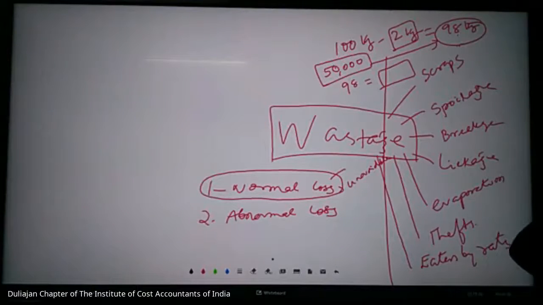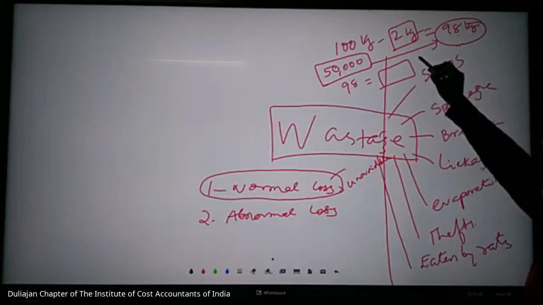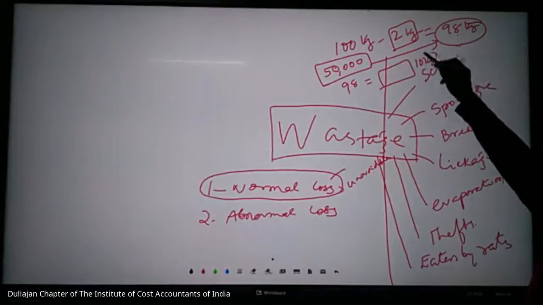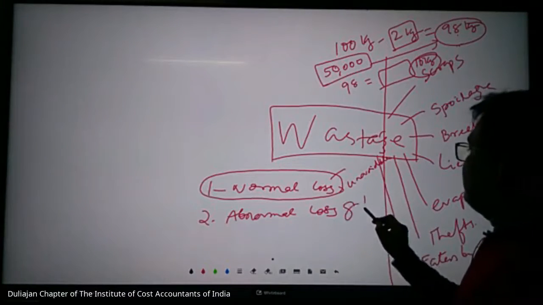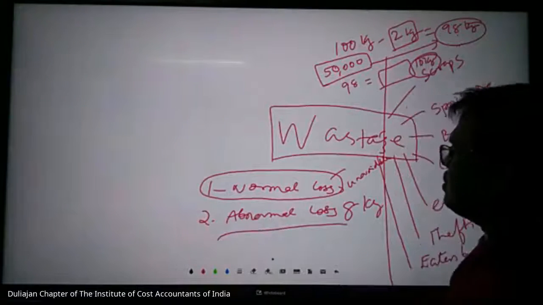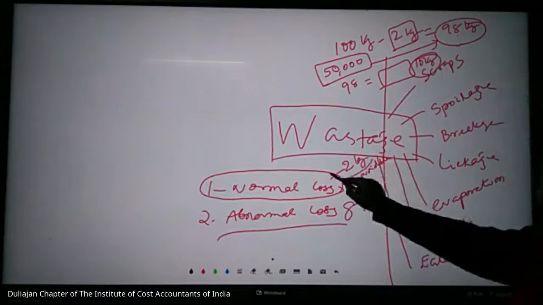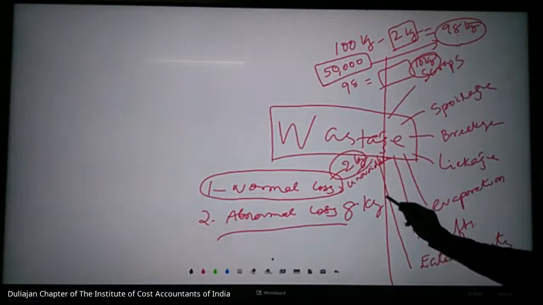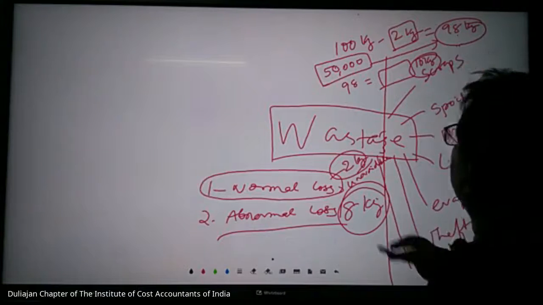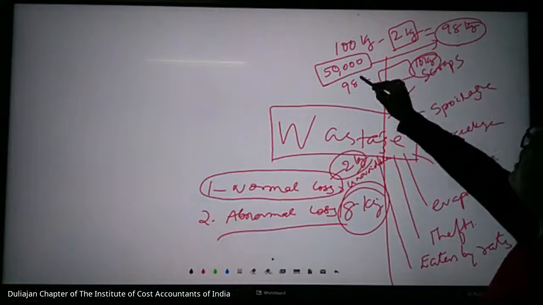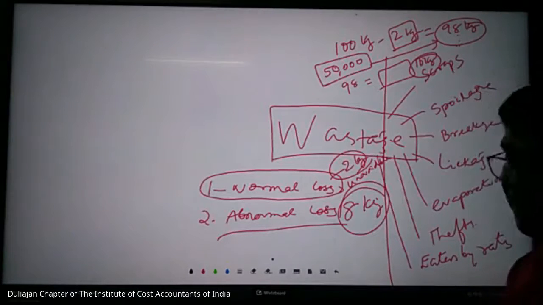Suppose in a particular month, instead of 2 kg, it becomes 10 kg. That means some mismanagement was there. That 8 kg is your abnormal loss. Your 2 kg, you give as normal loss. So this 8 kg I cannot add into my cost. I will find out the cost of this 8 kg. Like 98 kg is 50,000 divided by 98.